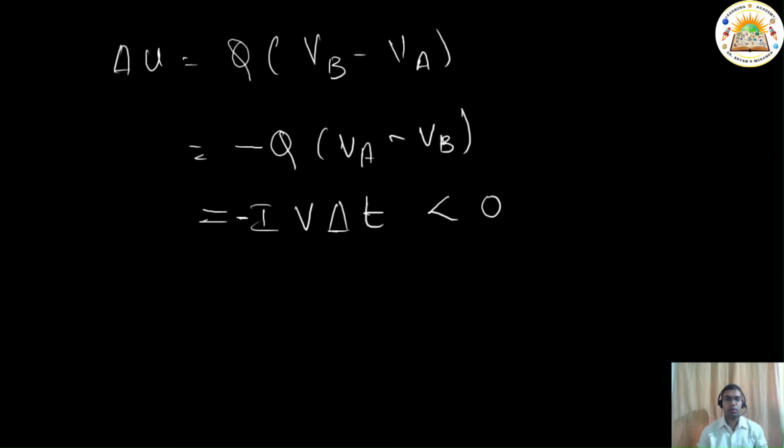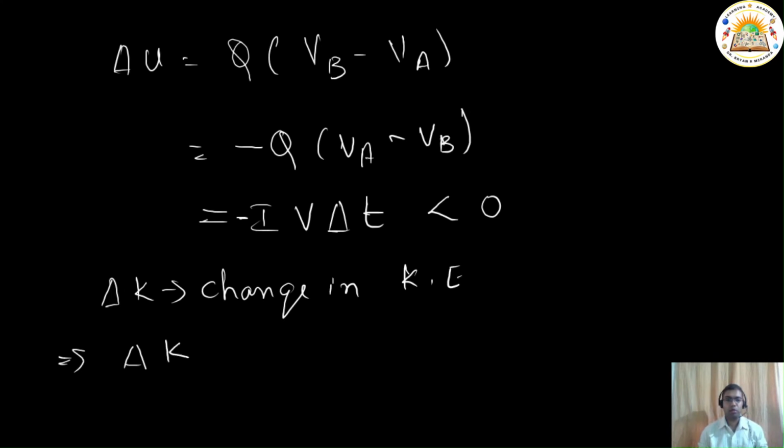Now if I take delta K as the change in kinetic energy, then it is implied that delta K will be equal to minus delta U, since we are all taking small changes, and this will be equal to IV delta T, which is now going to be greater than 0.